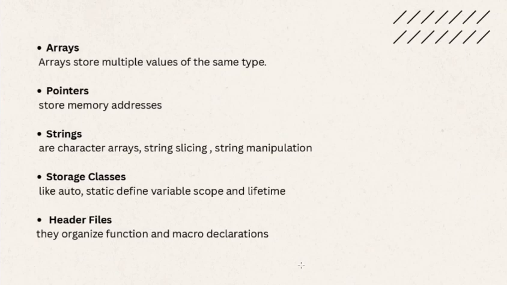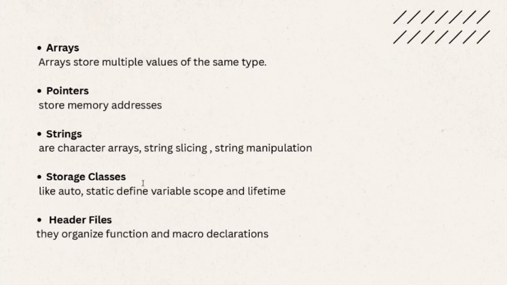Other important concepts like arrays. Arrays are used to store multiple values of same type. Example, marks of 5 students. Pointers. Pointers store memory address of variables. String. String, character arrays used to store and manipulate text. Example, names.